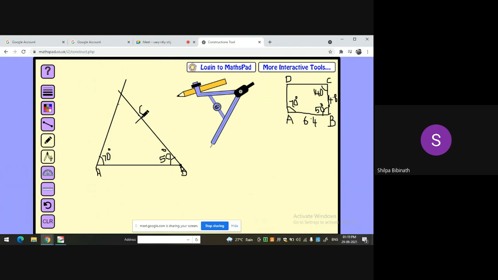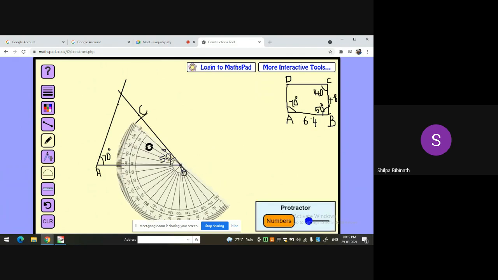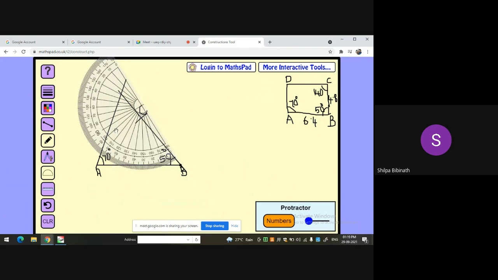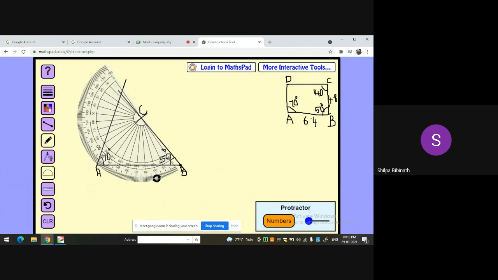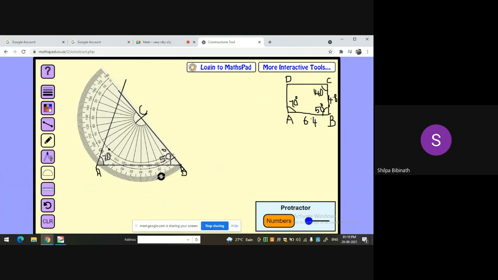Okay. Now from this we have to take 140 degree. Take your protractor, keep it at this point where it is intersecting the arc and the segment, and turn the protractor a little bit so that the 0 degree lies on this CB. Okay. So now it is proper. Now we have to mark 140 degree. Okay. So where is 140 degree? Over here.